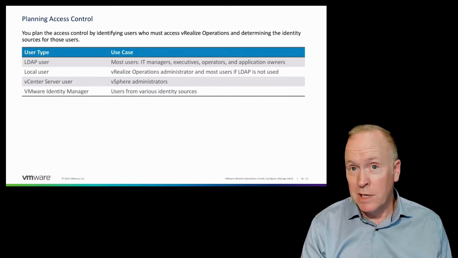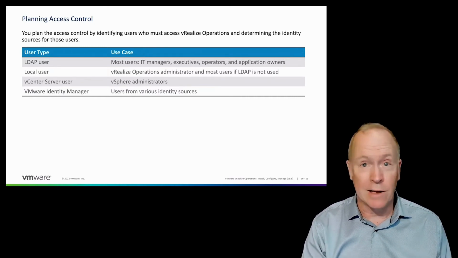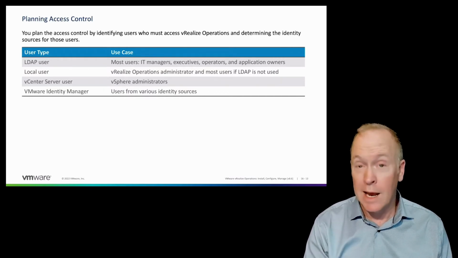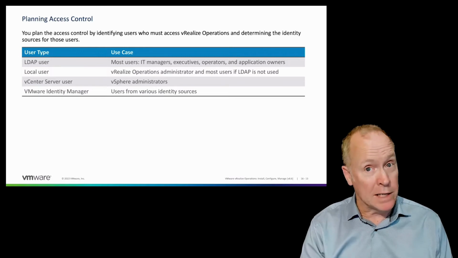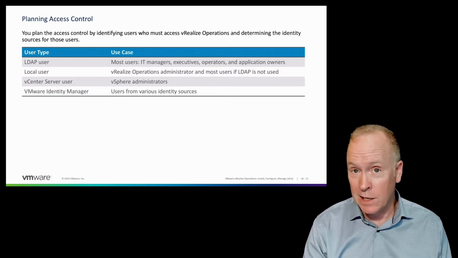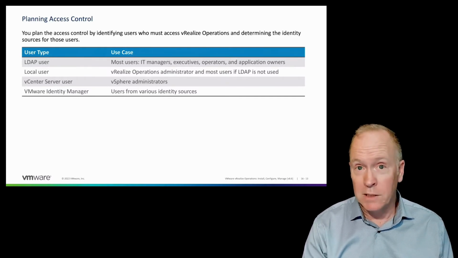VMware Identity Manager tends to be used in situations where customers have more specialized authentication mechanisms, such as two-factor authentication, smart cards, and so forth. But again, vRealize Operations strives to provide a variety of authentication mechanisms. Which ones you use depends upon your business case.